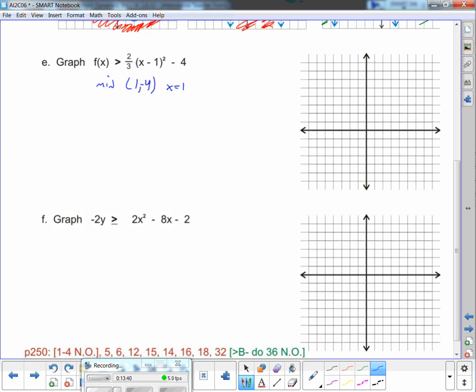So that's always the first point you're graphing. So I'm at 1, -4. So it's right there. Line of symmetry. This is a min, so I know I'm heading up. Is this thing relatively wide, flatter, or relatively narrow, steeper?